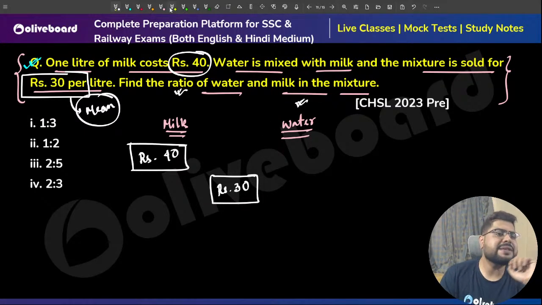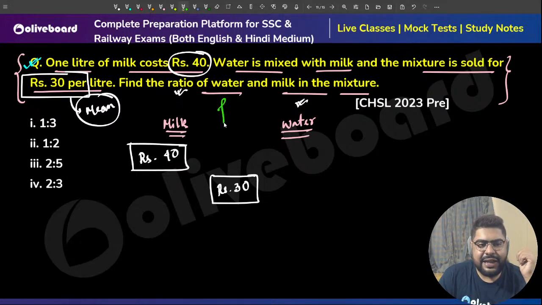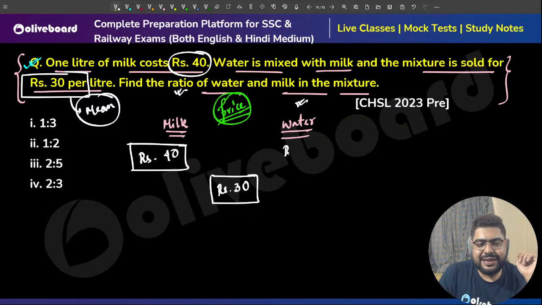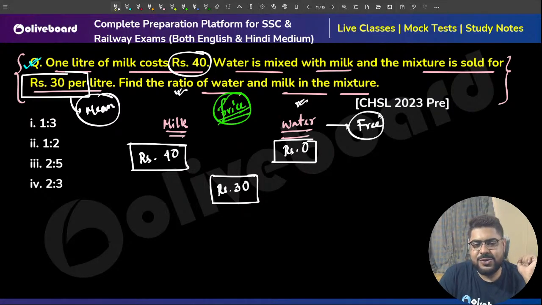Sir, please understand, here the allegation variable is price. We are talking about price. And water in India still is free, sir. That is the only concept. Water in India, if not given, is still free.